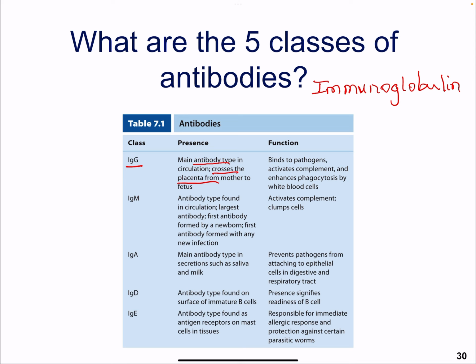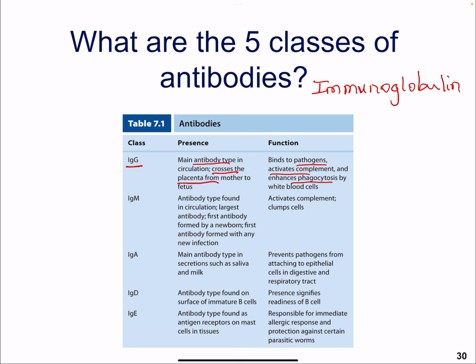Okay? What is the function of the IgGs? The IgGs are going to bind on pathogens. They are going to activate the complement, and they are going to trigger phagocytosis by white blood cells. How about the next class?